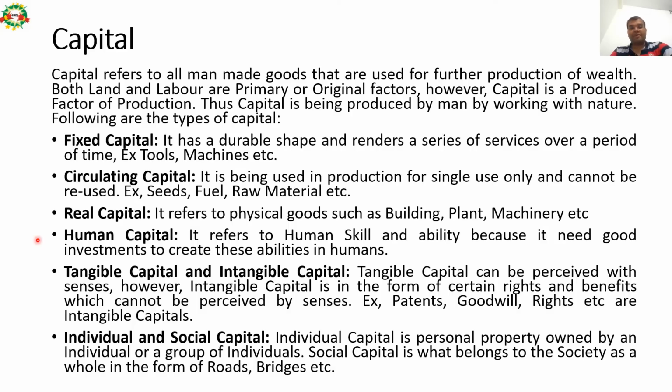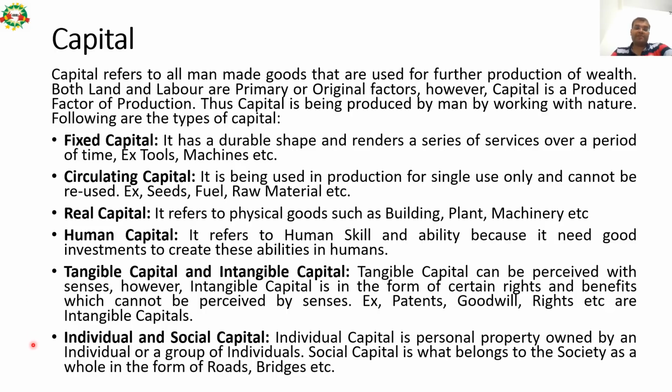Tangible capital can be perceived with the senses. However, intangible capital is in the form of certain rights and benefits which cannot be perceived by the senses. For example, patents, goodwill, rights, etc. are intangible capital, while a building is tangible.